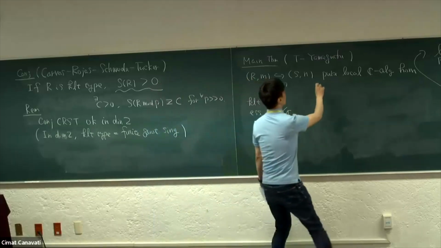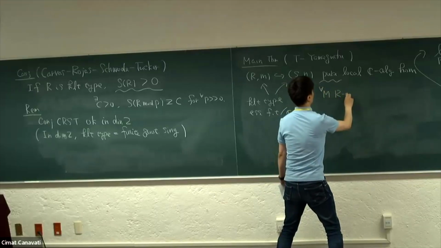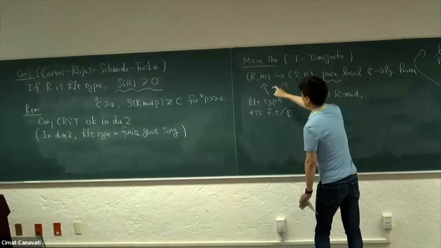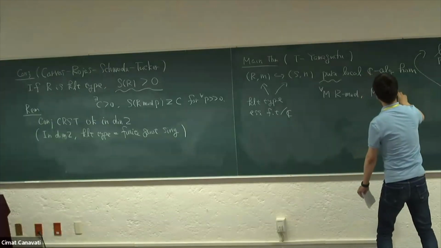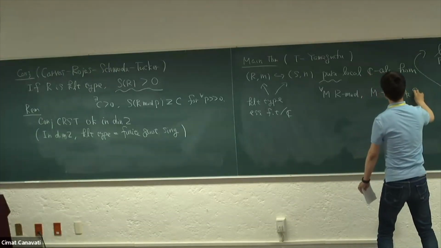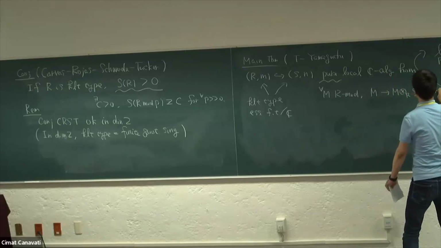The pure means that for any R-module M, the map induces a map from M to M tensor S, and this induced map is injective. This is the definition of purity.